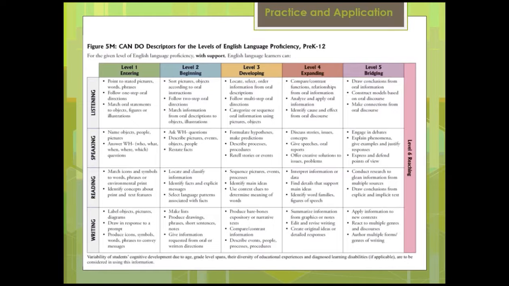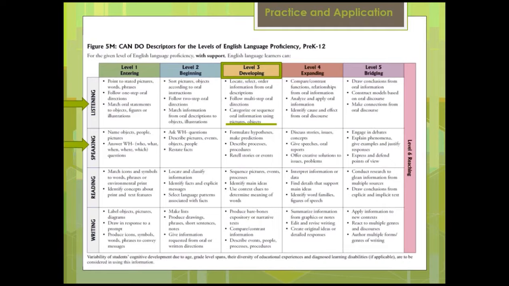I was able to find a sequencing activity in each domain. For example, let's look at level 3, developing. Listening: I was able to find this sequencing activity. Categorize or sequence oral information using pictures or objects, which allows the students to listen to a story and then categorize or sequence.